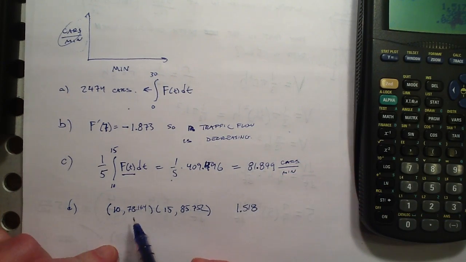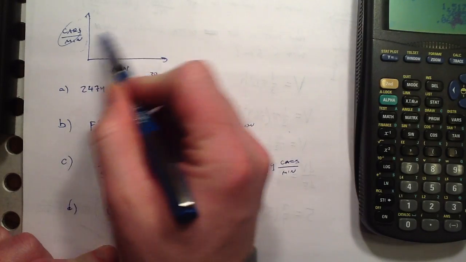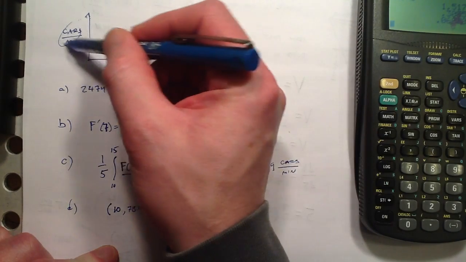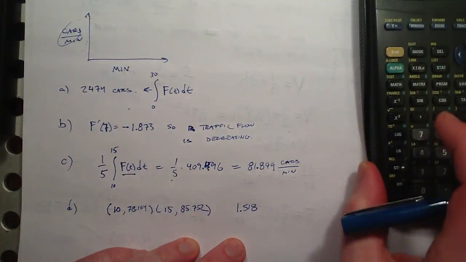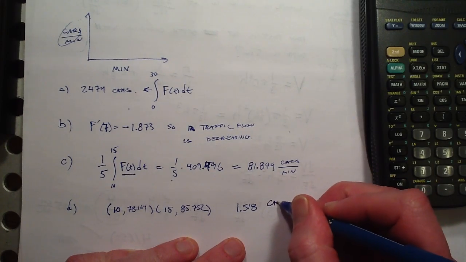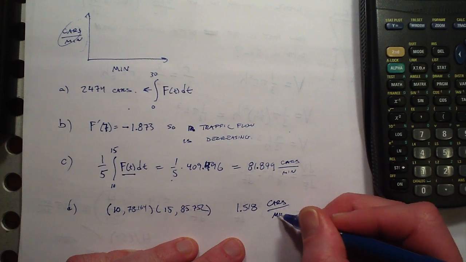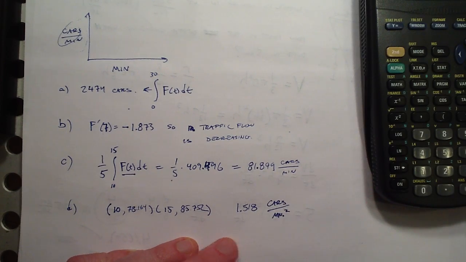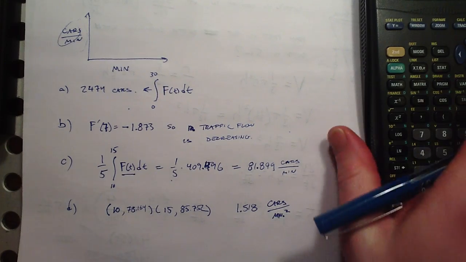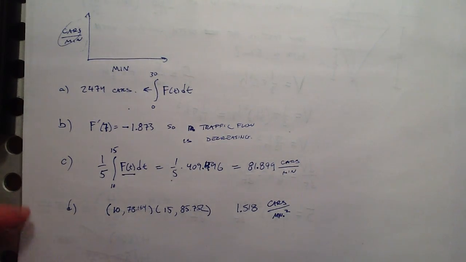Okay, now that's a slope on this graph. So that would be cars per minute per minute. So that's cars per minute, or you could write that as cars per minute squared. Okay? That's the kind of thing we're looking at in this sort of problem.